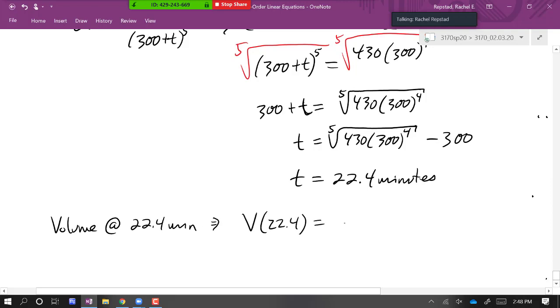That was 150 plus 1/2 t, so 1/2 times 22.4 gives 161.2 liters.